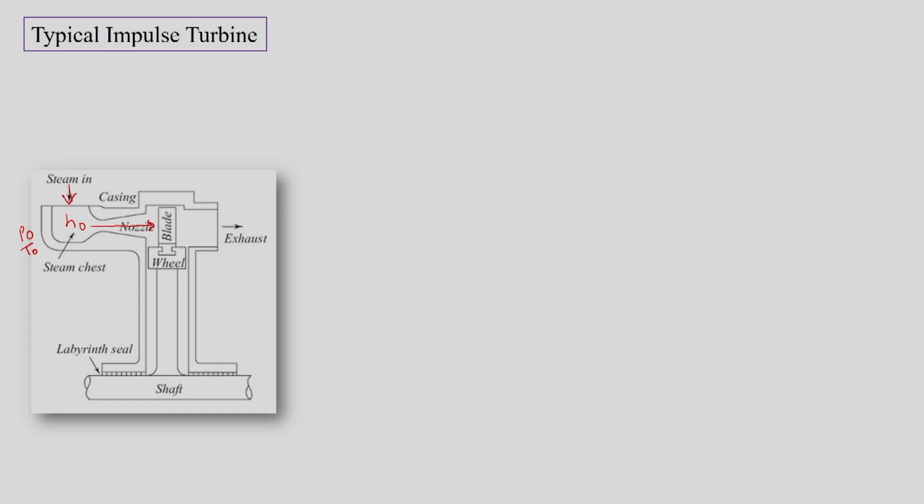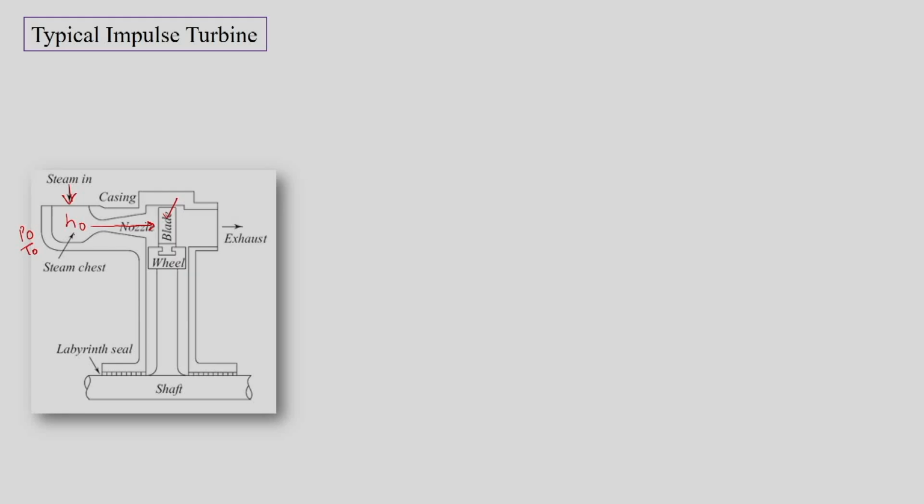Then this high velocity flow would impart its momentum on the blades. These are the blades, and due to this imparting of momentum, or due to interaction of the blade with the kinetic energy of the flow, the blade starts rotating.